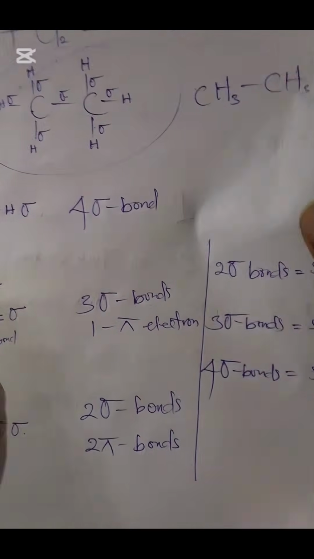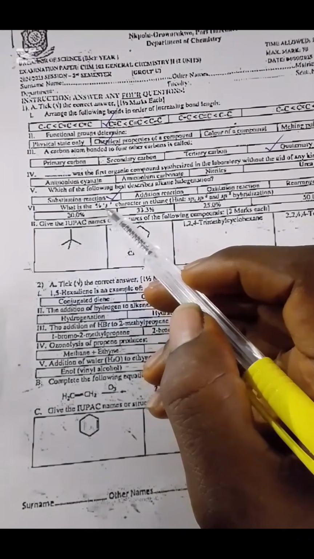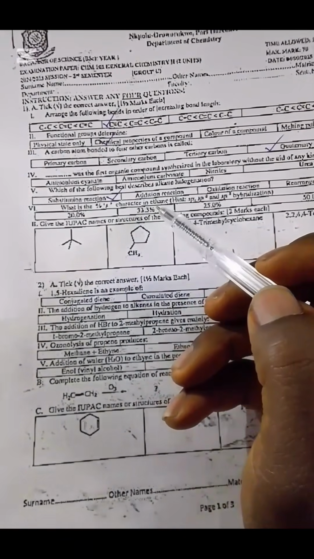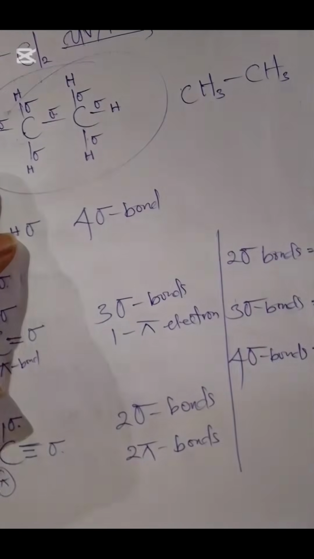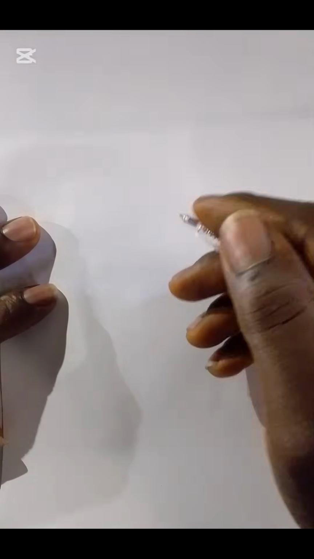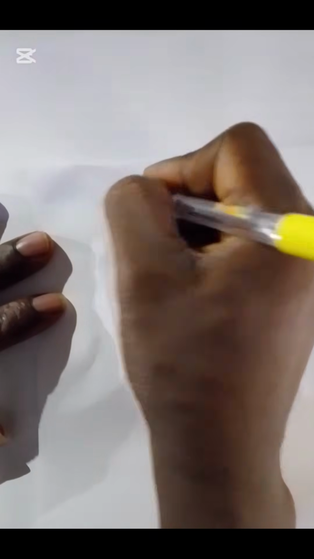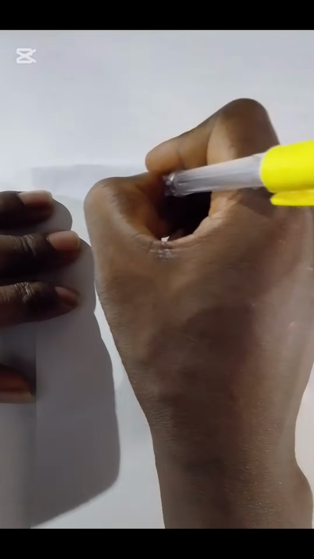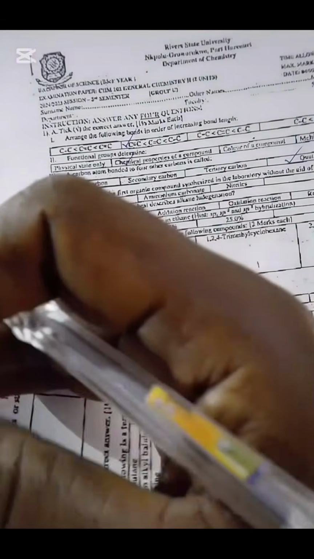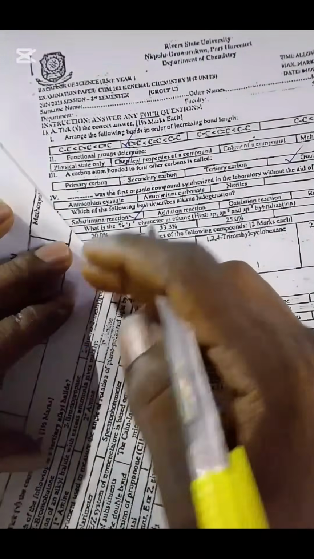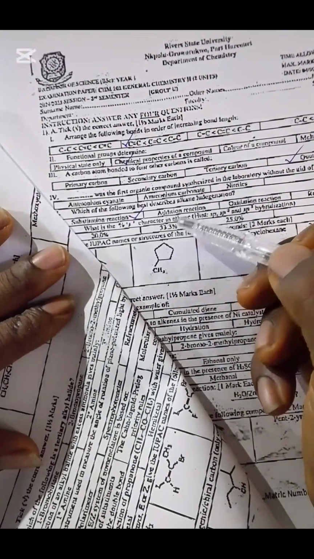Now let's return to the question: what is the percentage S character in ethane? Let us record that, because we were required to determine the percentage S character of ethane.